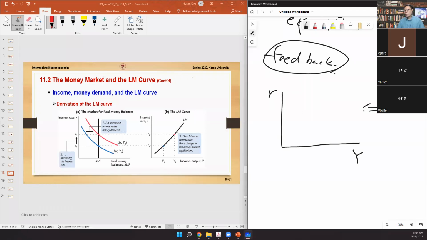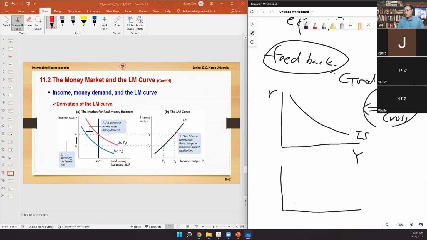And then we have this downward sloping IS relation, or IS curve. It was from the Keynesian cross, technically. And it means it is about the goods market. So we have to think about the big picture, and then we'll derive this LM curve.